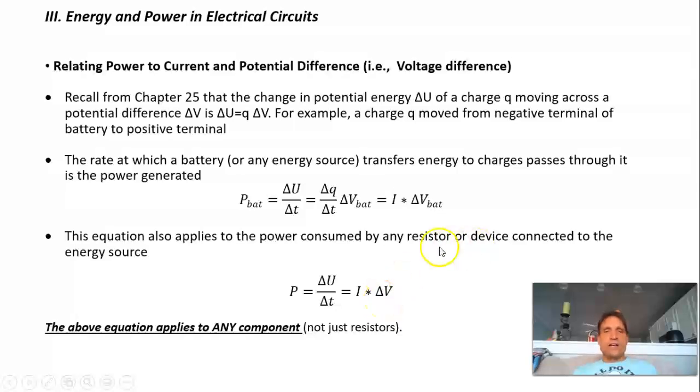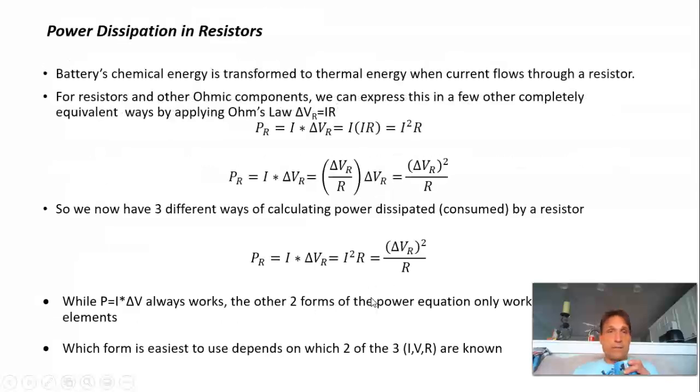So in summary, this equation, P is I delta V, applies to any component in a circuit: resistors, batteries, diodes, anything. You measure the current through it, you measure the potential difference across its terminals, and you get the power generated or consumed by that element. So this equation always works. It should definitely be on your cheat sheet for the exam.